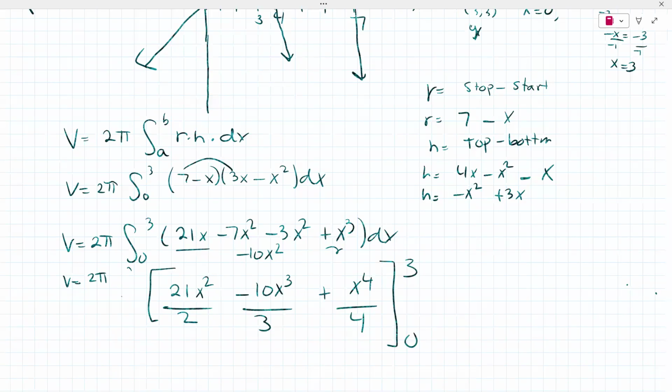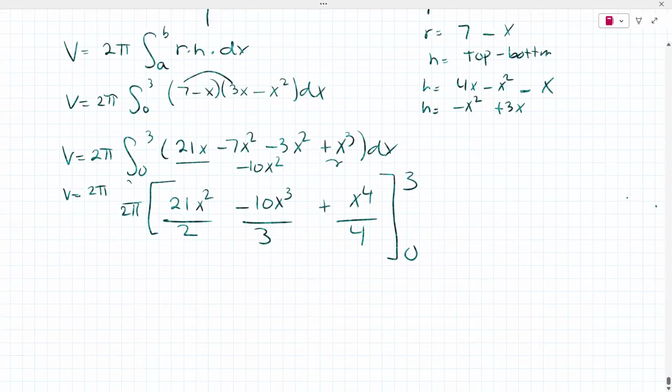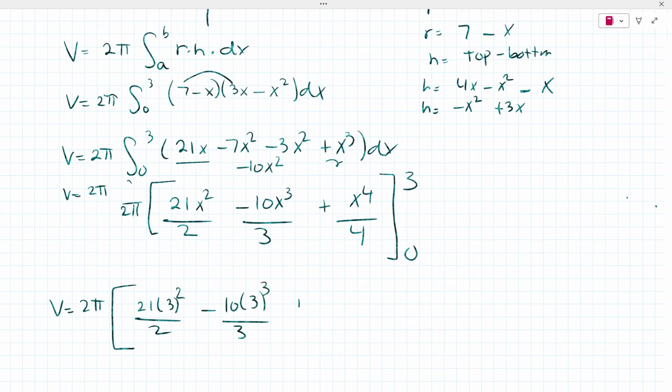And then you have the 2 pi here. So the volume equals 2 pi, and then apply your upper boundary minus your lower. It's going to be 21 times 3 squared over 2, minus 10 times 3 cubed over 3, plus 3 to the fourth over 4, and then minus the lower boundary, which is 0.